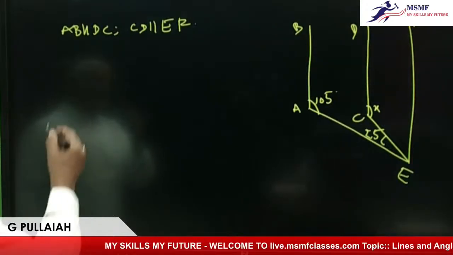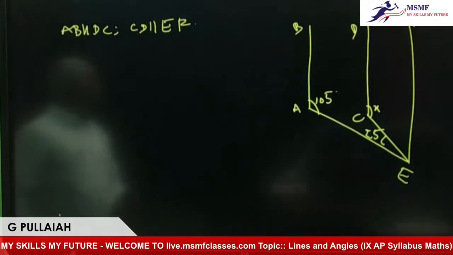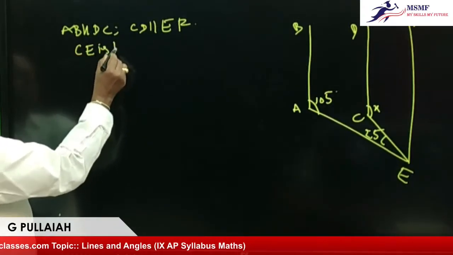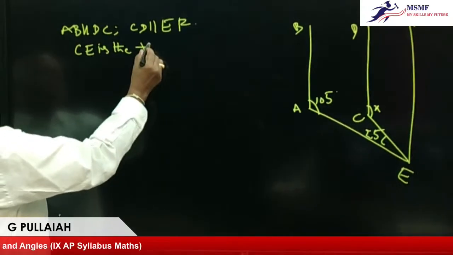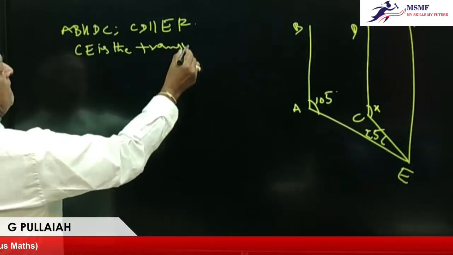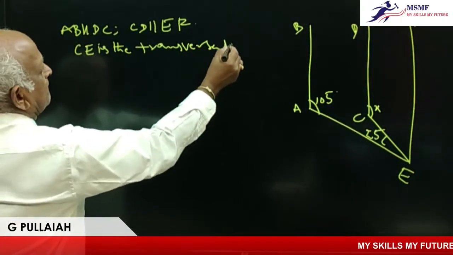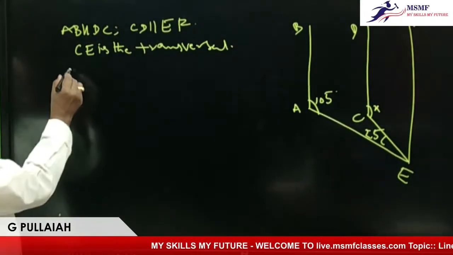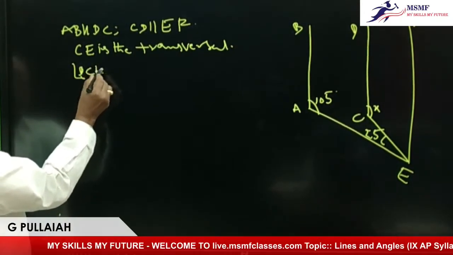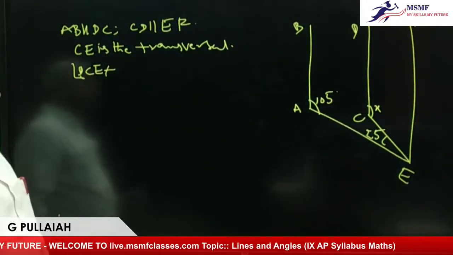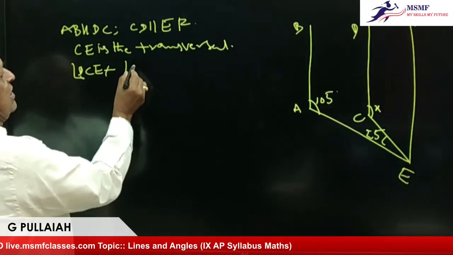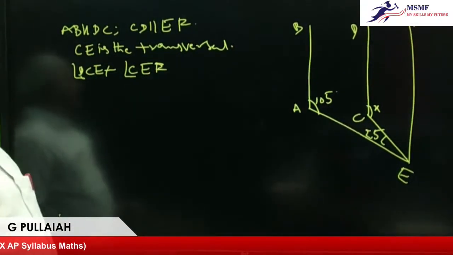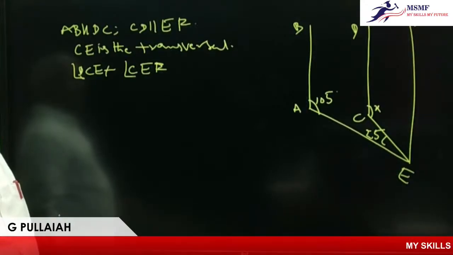First, if you take CD is parallel to EF, you can say CE is the transversal. If CE is the transversal, angle DCE plus angle CEF, these two are the co-interior angles.